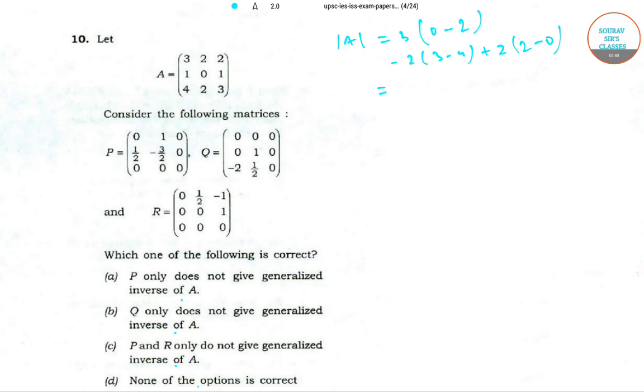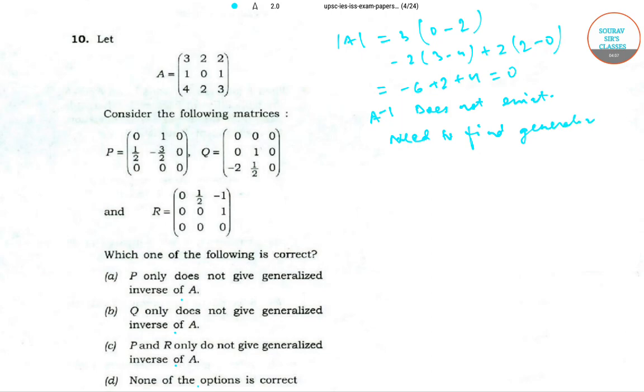So this becomes minus 6 minus 2 into minus 1 gives me plus 2 plus 4. This is equal to 0. So A inverse does not exist. Thus, we need to find generalized inverse.